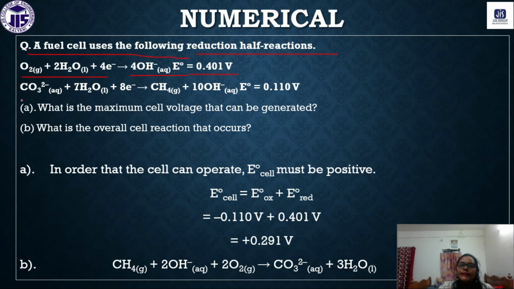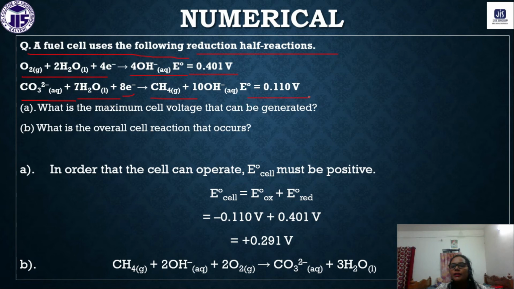Okay, now CO3 carbonate aqueous plus 7 molecules of H2O, and 8 electrons. If it reacts, it will form methane gas and 10 OH minus aqueous. In aqueous medium, we will have the 10 hydroxyl anions.